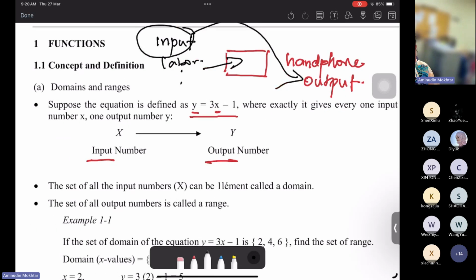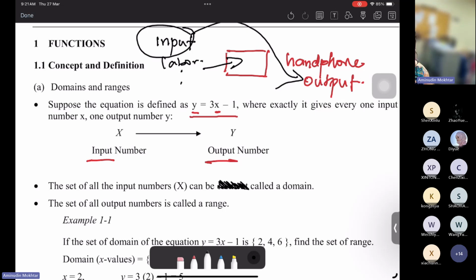The second part is about the domain. The set of all inputs, or the set of all numbers x can be, can be called a domain.